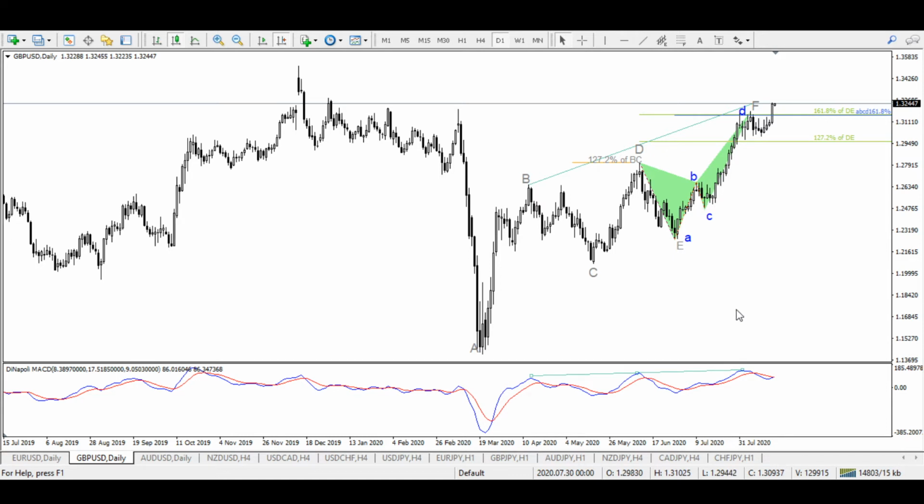If we look at the fundamental things, if you compare the total confirmed cases of COVID-19 in the UK versus the total population of the UK, you'll find that only 0.48% of the population has been infected so far in the UK. And if you look at the total population of the US and the total confirmed COVID-19 cases in the US so far, then you'll find that 1.67% of the population has been infected by COVID-19 so far.